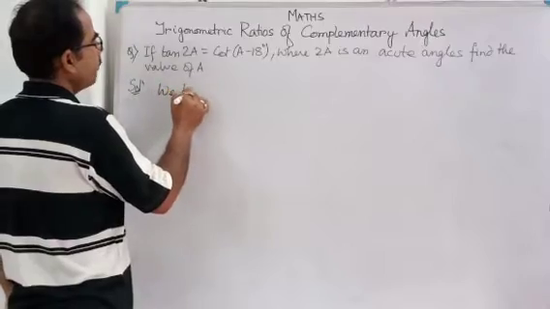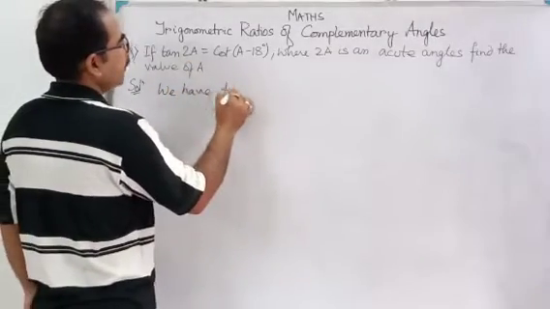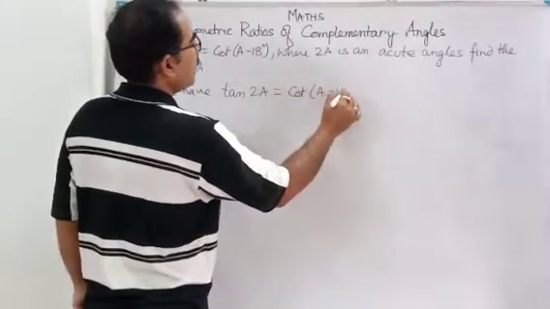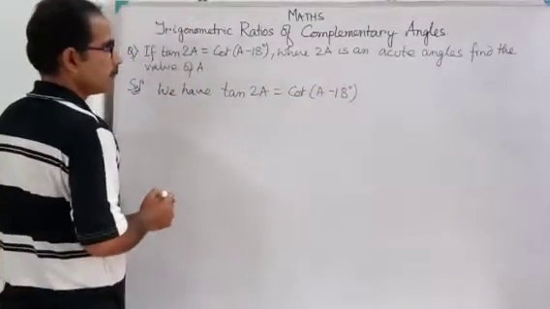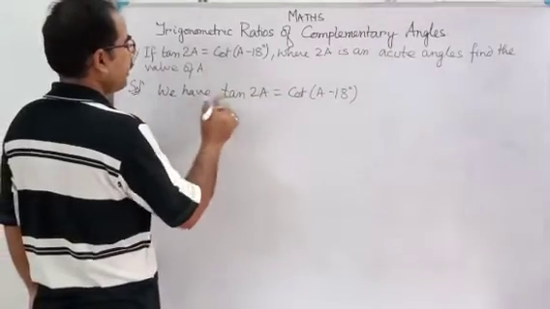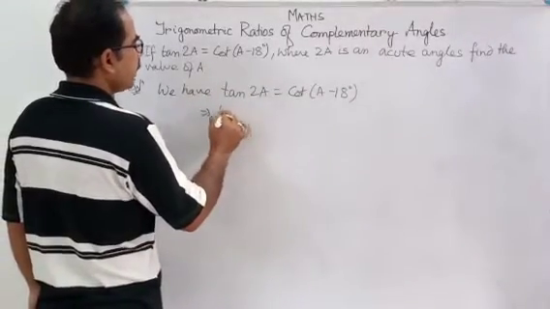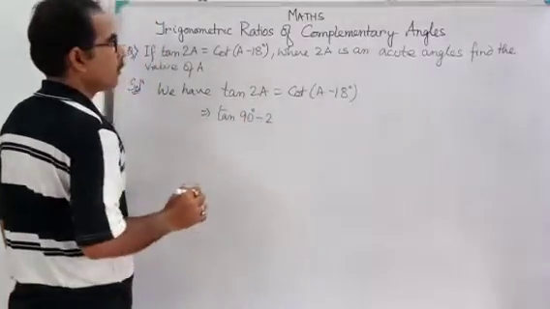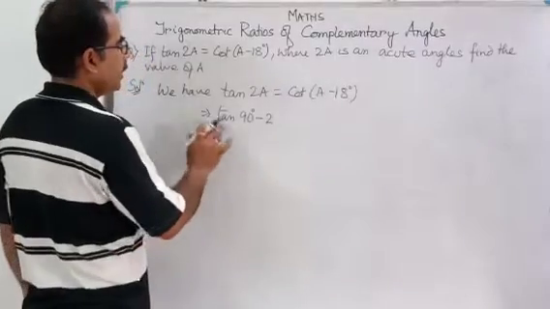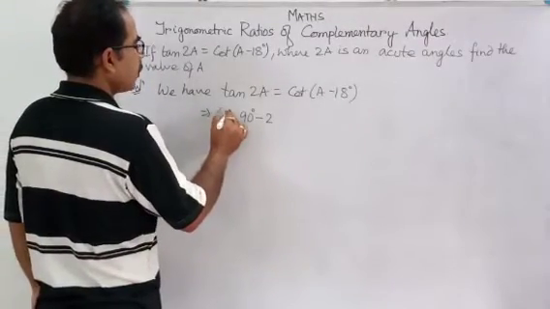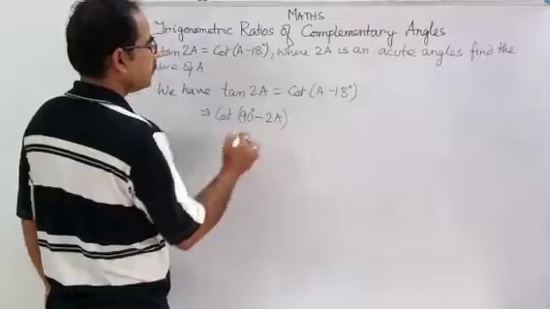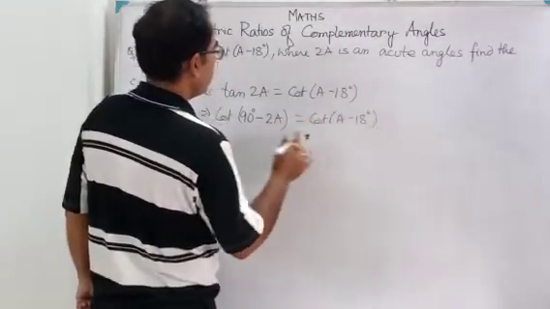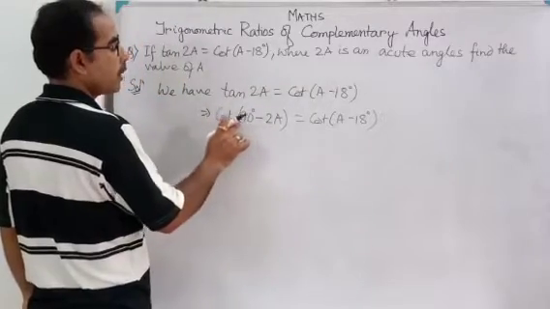We have from the question itself, tan 2a equal to cot a minus 18 degree. Tan 2a degree can be written as cot 90 minus 2a equal to cot a minus 18 degree, because tan 2a degree can be written as cot 90 minus 2a.